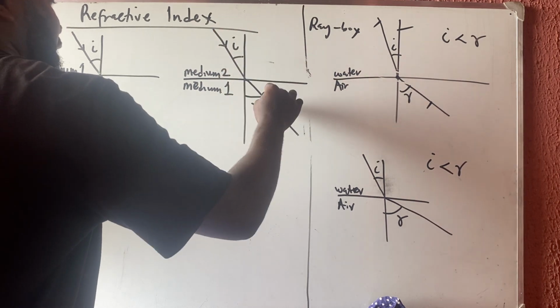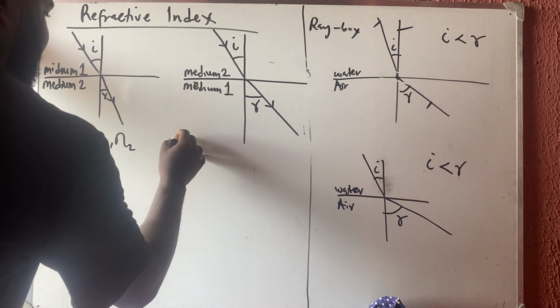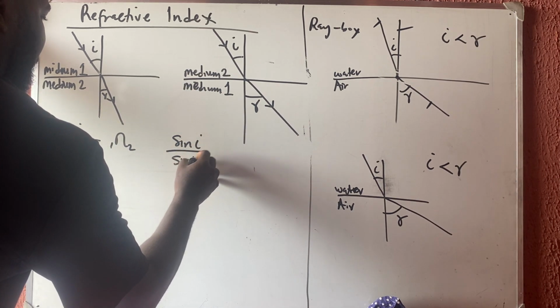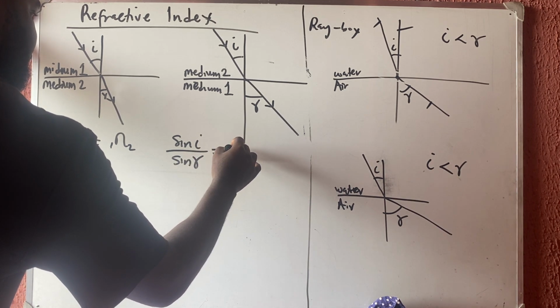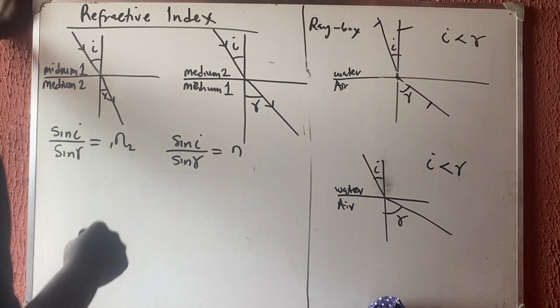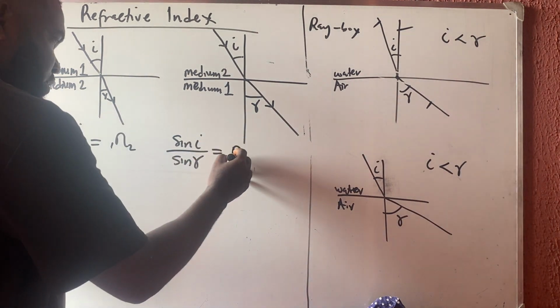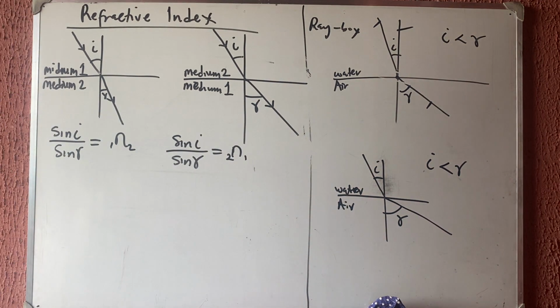Now, sine i over sine r is equal to my n, and this n is when light passes from 2 to 1.